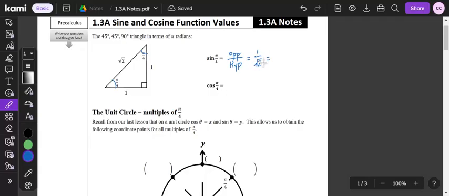And we, of course, don't leave our radicals in the denominator, so we would write this as root 2 over 2. Just like that. Okay? For cosine of pi over 4, the nice thing about a 45, 45, 90 triangle is that cosine is going to be the exact same because the opposite and adjacent sides are the same length.